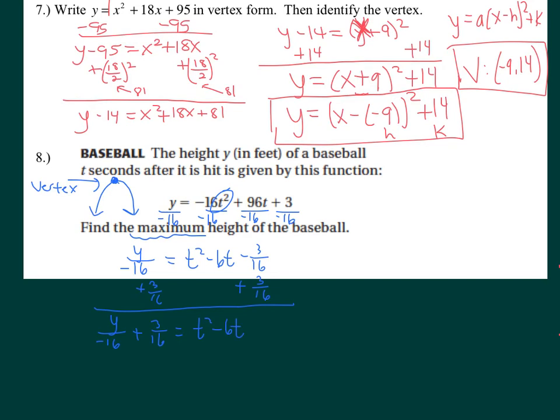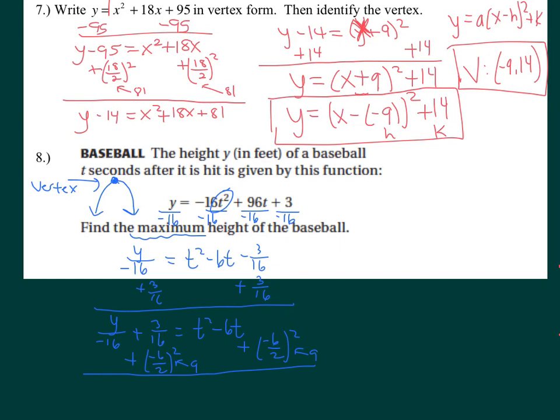So now I'm going to take half of the coefficient of t, square it, and add it to both sides. So half of negative 6 is 3, squared is 9, so I'm really adding 9 to both sides.